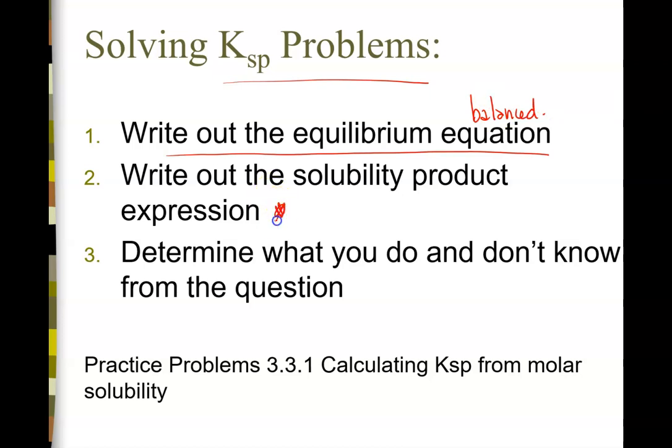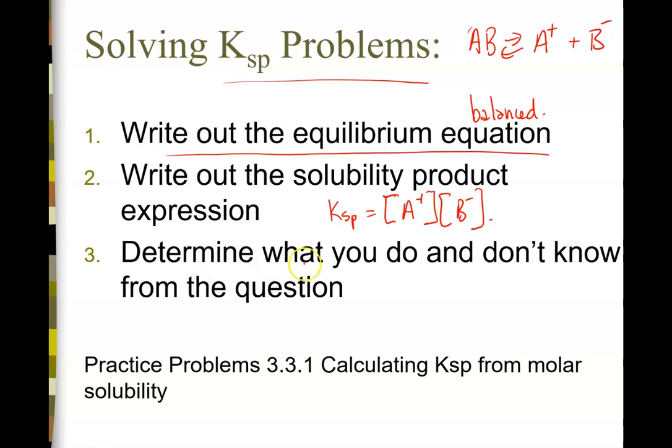Then write out the solubility product expression. So this is our KSP. If I had AB dissolving into A plus and B minus, then our solubility product is the A plus concentration times the B minus concentration. So we have that to start with.